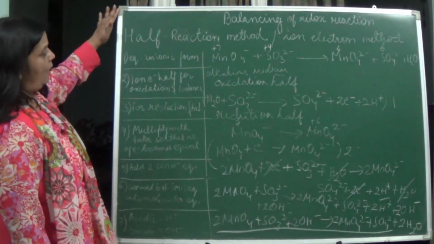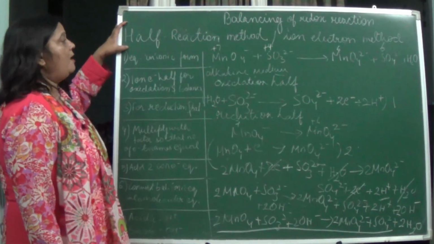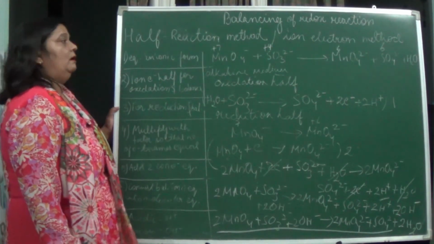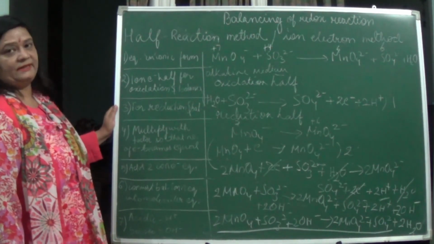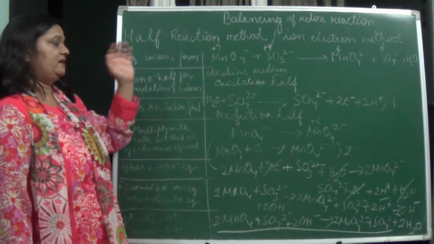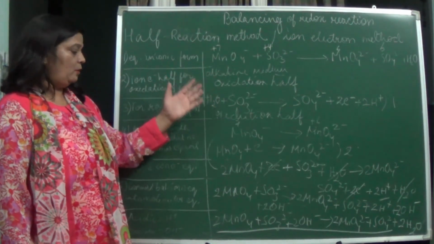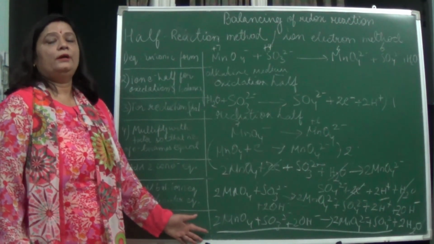So this is how you balance by half reaction method or ion electron method, okay. You will be seeing whether it is alkaline medium or acidic medium, accordingly the last step you will be doing, okay.